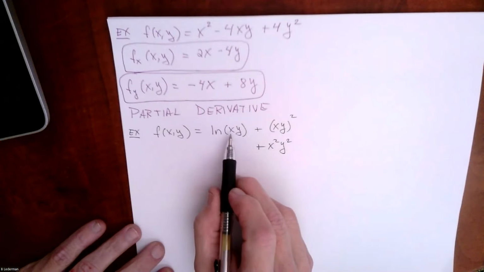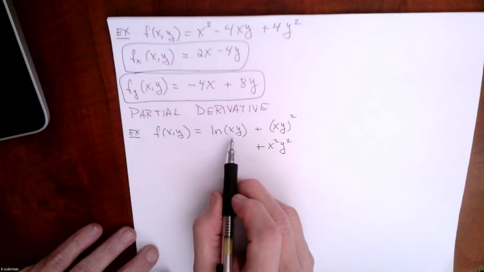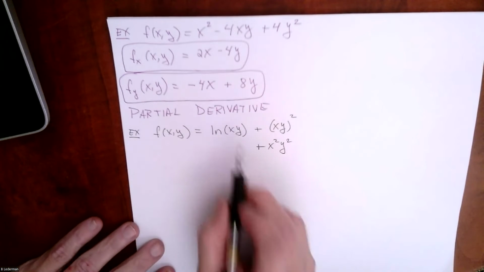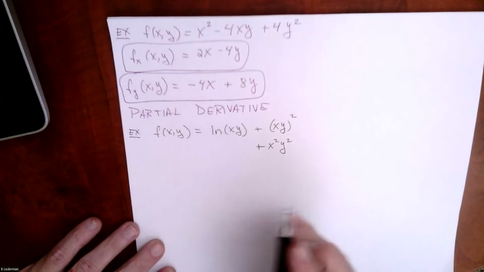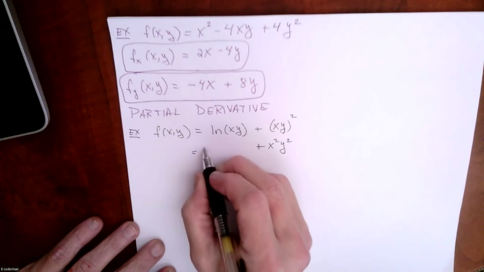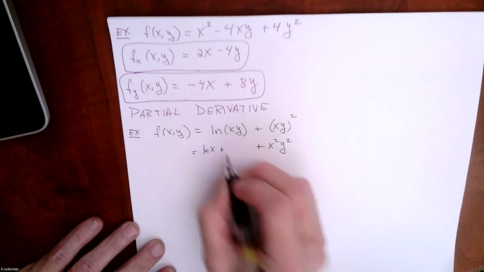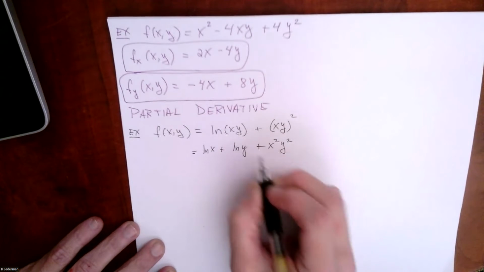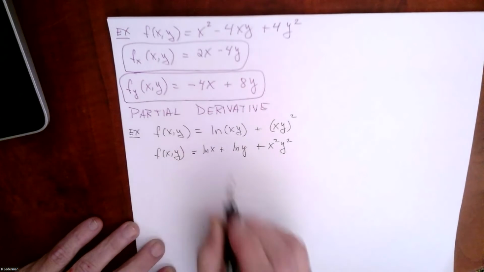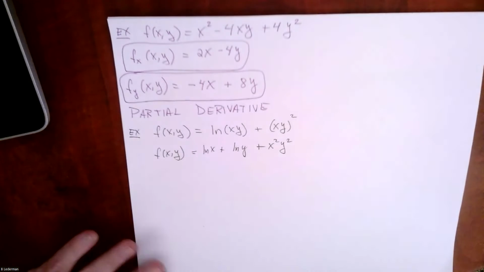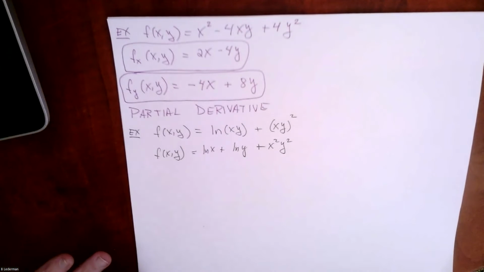And the ln xy, I'm going to simplify this in a way also. From algebra, the law of logarithms tells me that this is equal to the ln of x plus the ln of y. And now that we've done these few little algebraic simplifications, we're going to take the derivative.